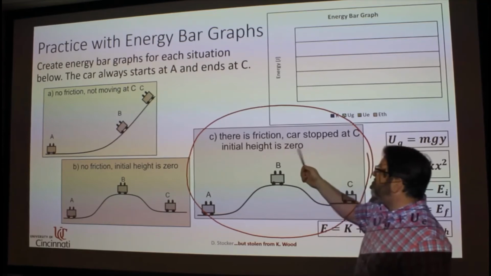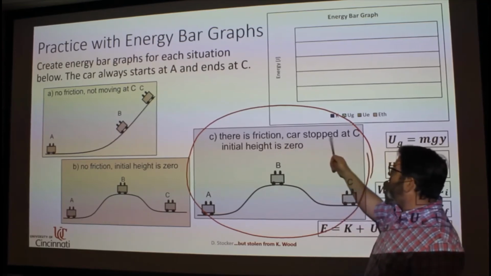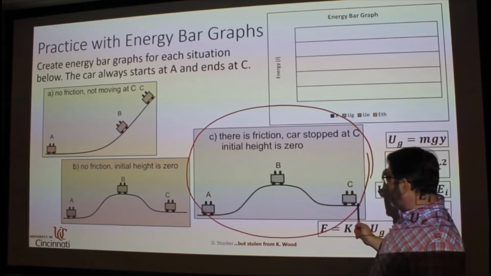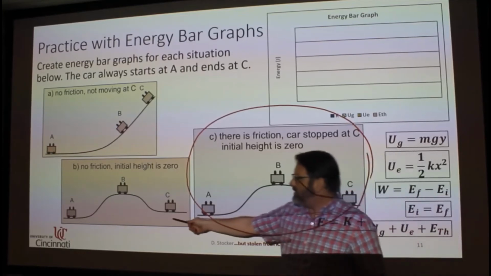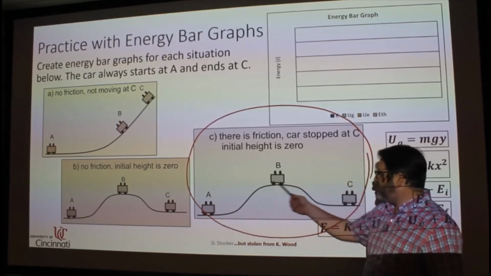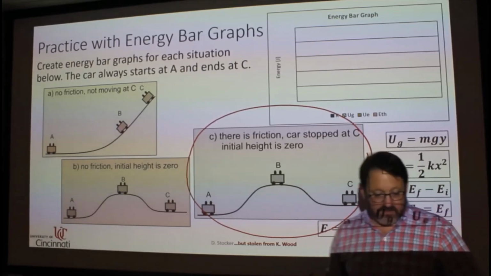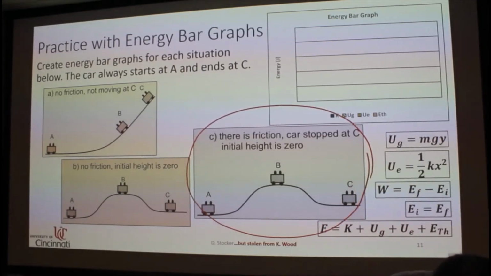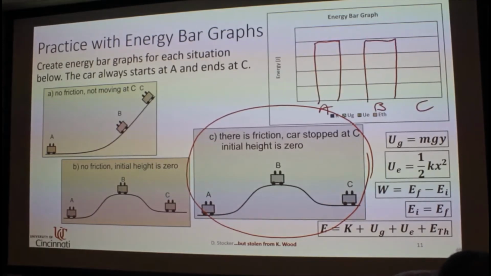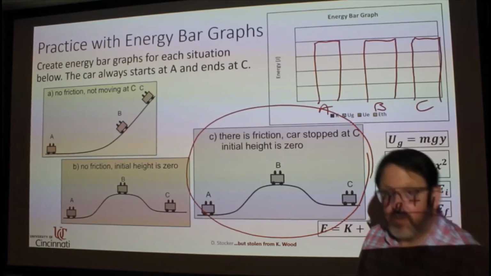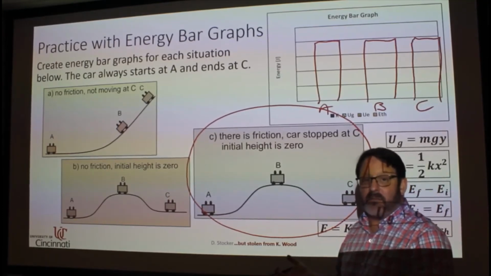All right, in C there is friction and the car is stopped at point C. So this one looks just like this one, except that the car is no longer moving here. So position A, B, C. We have the same amount of energy every time.